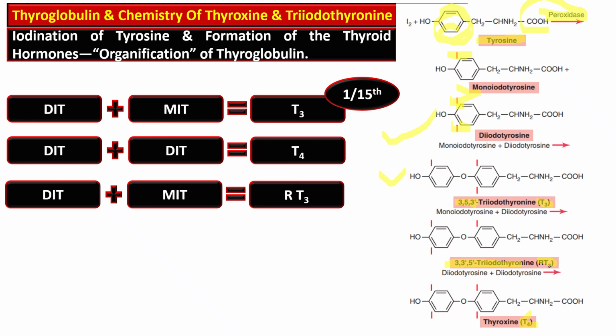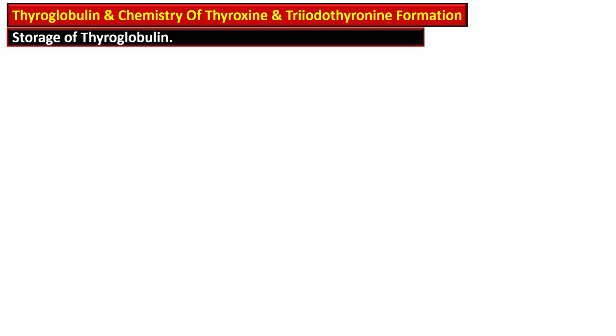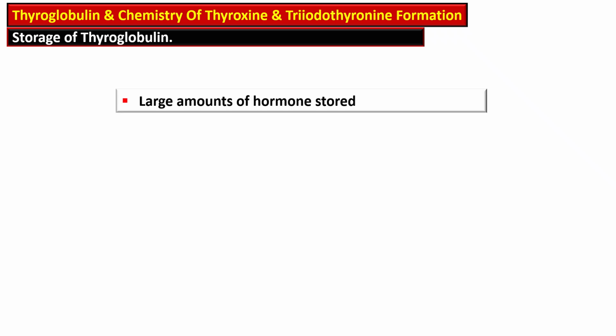So the thyroid hormone is stored in the thyroglobulin, and this is a unique storage capacity of the thyroid, because a large amount of the hormone is stored in inactive form.